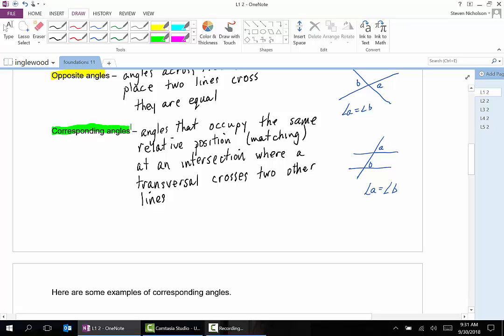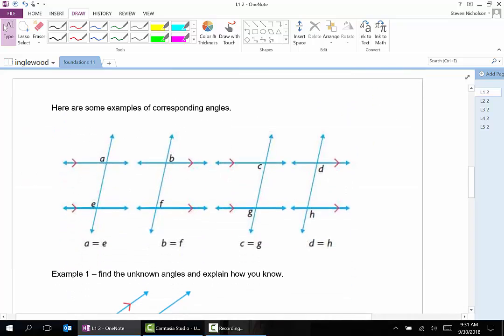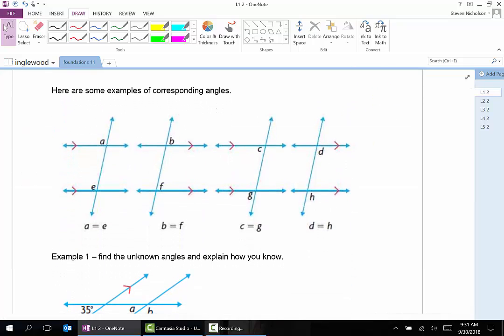So those are the three ideas for today, and we'll build on them in future videos. So when you flip onto the back page, here are some of the examples of those corresponding angles. And with two parallel lines, there are 4 different pictures that can happen, but they're all this same idea, matching. This side of the transversal above, this side of the transversal above, this side of the transversal below each parallel line, this side below each parallel line.